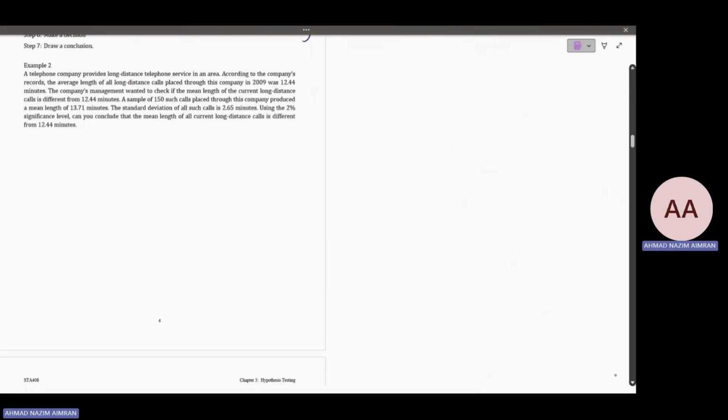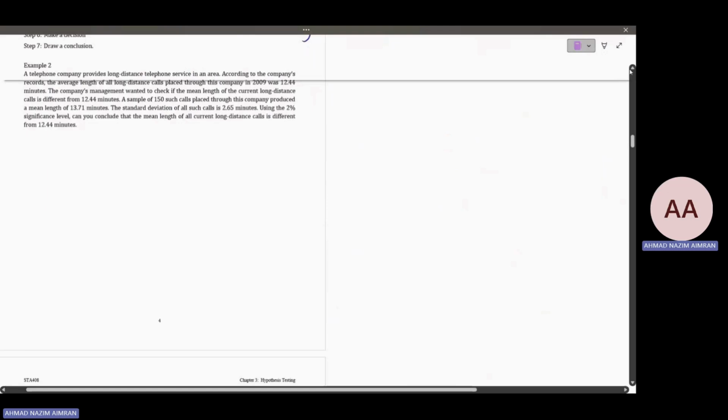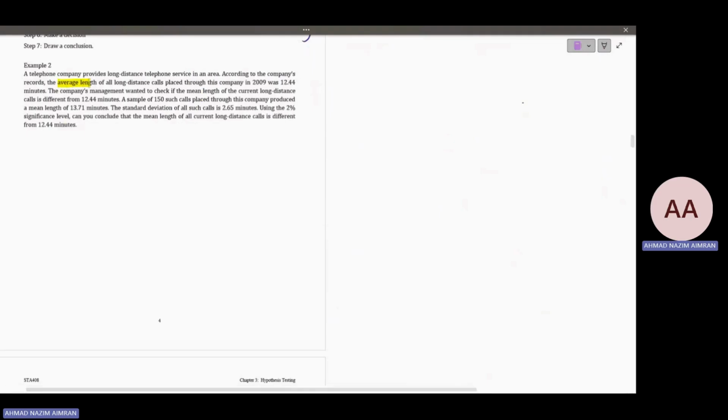According to the company's records, the average length of all long-distance calls placed through this company in 2009 was 12.44 minutes.